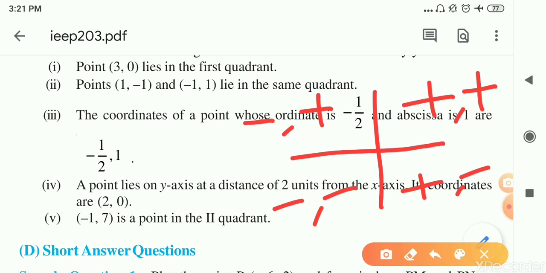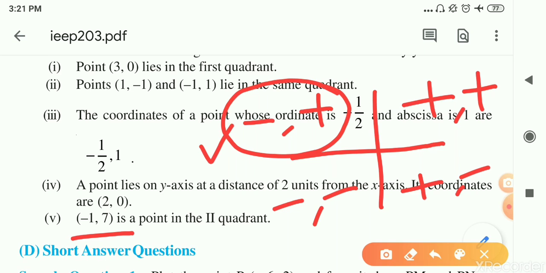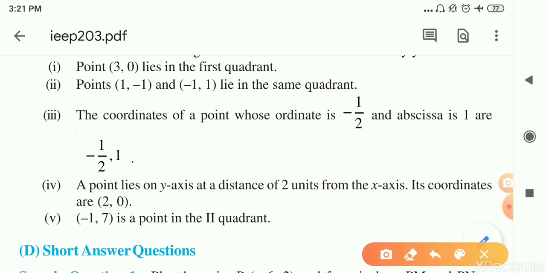On the basis of these signs, as you can see, the abscissa is negative and the ordinate is positive here, which indicates the signs of the second quadrant. So definitely it will lie in the second quadrant. So we can say this statement is true.